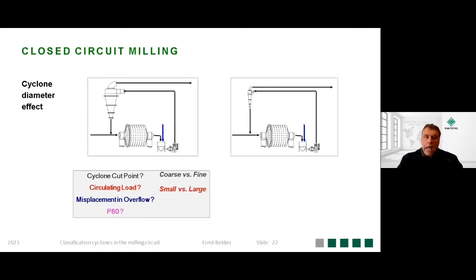So how come? How is this happening? Well, we've just indicated the cyclone cut point is coarser with a large diameter cyclone. So when the material gets into the mill circuit, in the initial stages, the large diameter cyclone sends out more material than what's coming into the mill circuit.